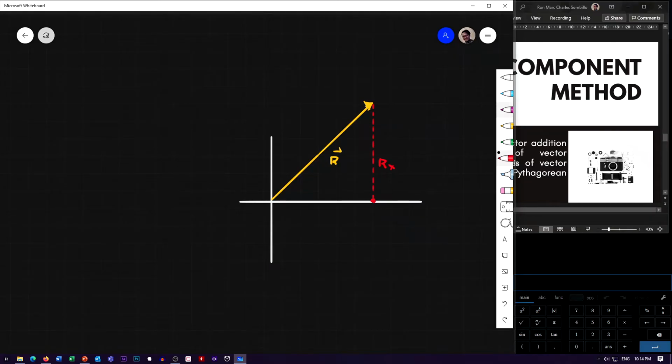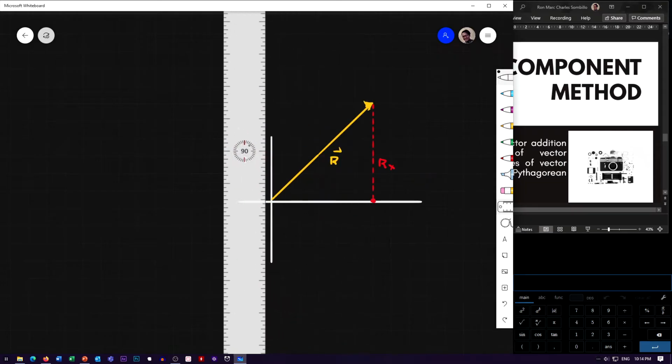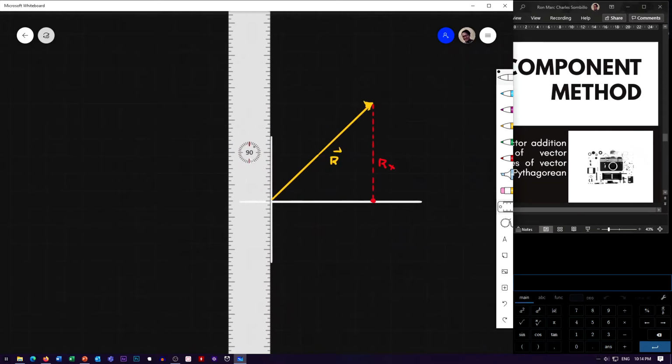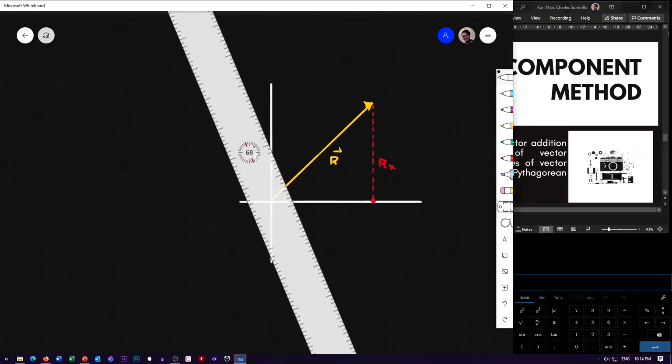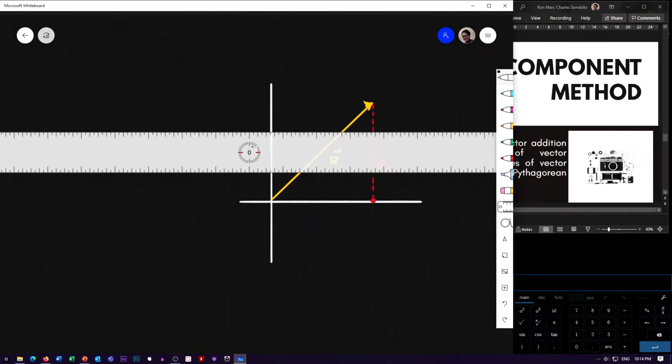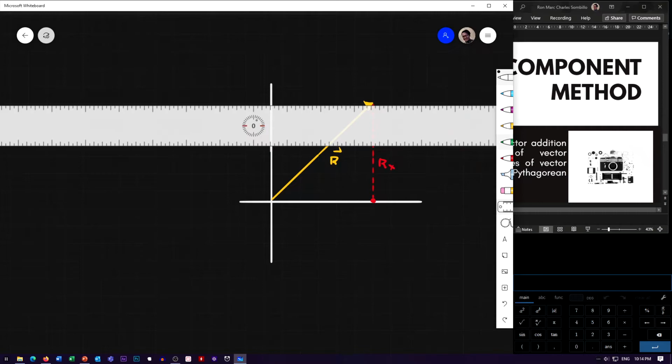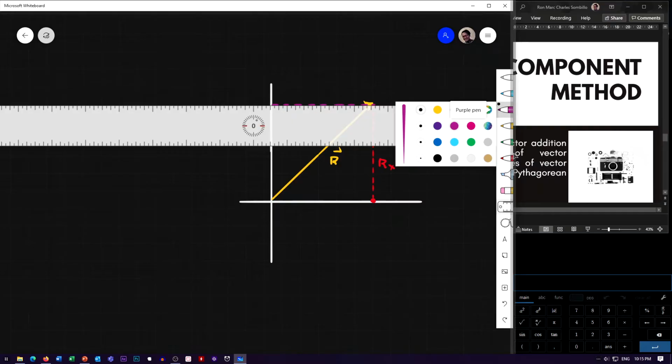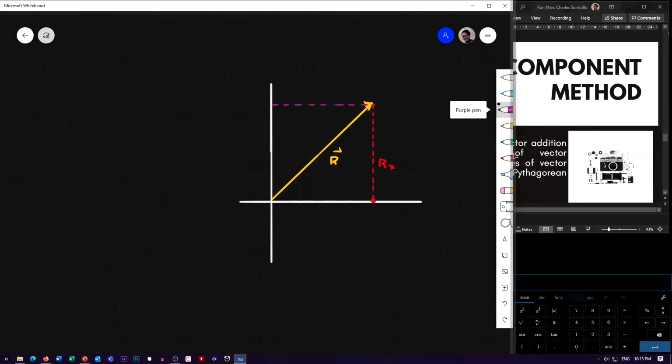And then for the y component, let's just try to complete the y-axis first. Okay, so our y component will be this line. I'm gonna use this color, which is now r sub y. So this is our y component.